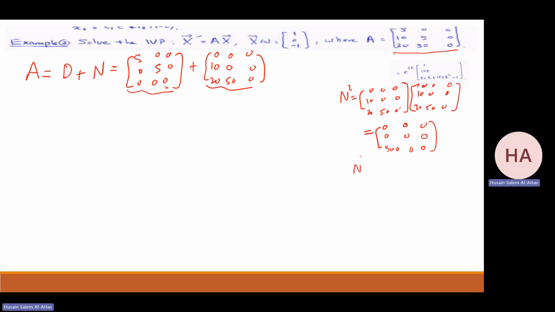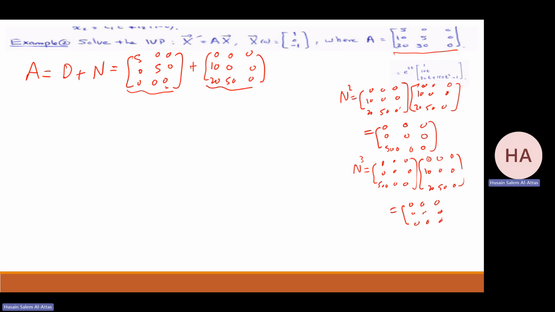Now N cubed will be N squared times N itself. That gives me 0, 0, 0. The first row is 0, so 0, 0, 0.